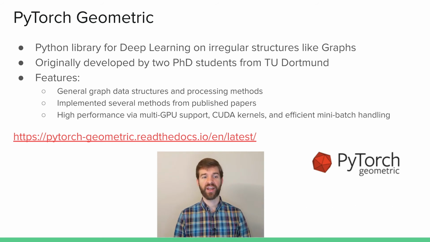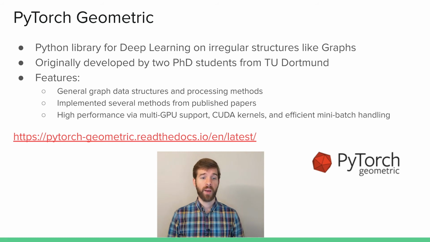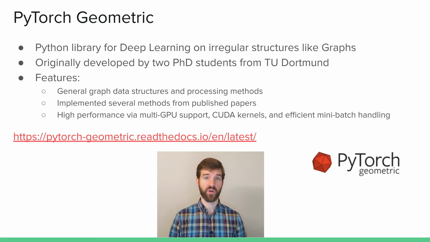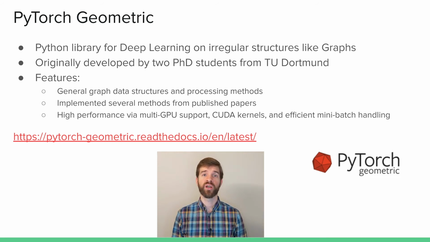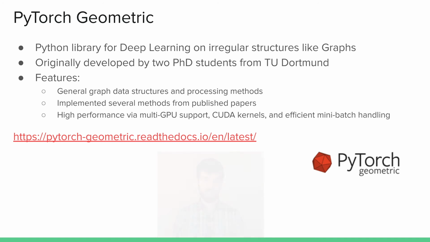It was originally developed by two PhD students at the TU Dortmund, and it has a couple of nice features, like obviously the general graph data structure and processing of this, but also several methods from published papers, including the ones we've just seen with graph attentional networks or graph convolutional networks. And it's also highly optimized for performance by supporting multi-GPU and CUDA kernels, as well as efficient mini-batch handling.